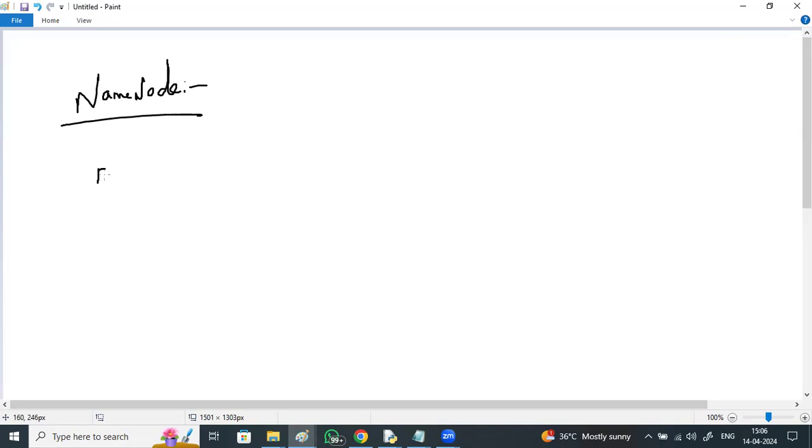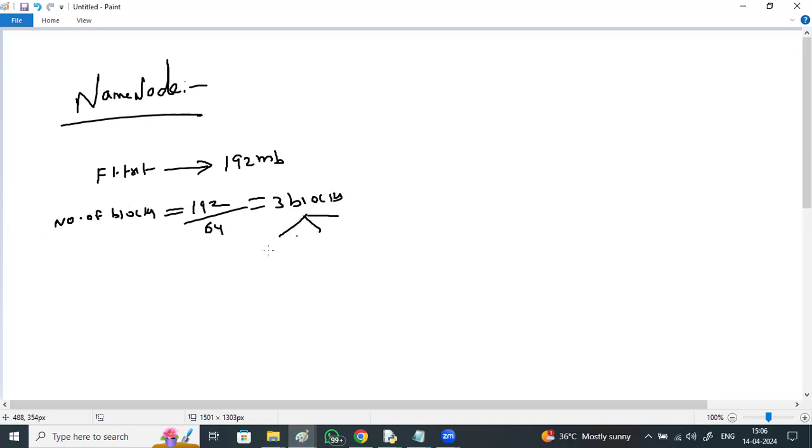First, talking about the name node. I got a file f1.txt, 192 MB. Number of blocks: 192 by 64, default block size, so 3 blocks: B1, B2, and B3. Now, based on this, try to tell me the responsibilities of the name node.